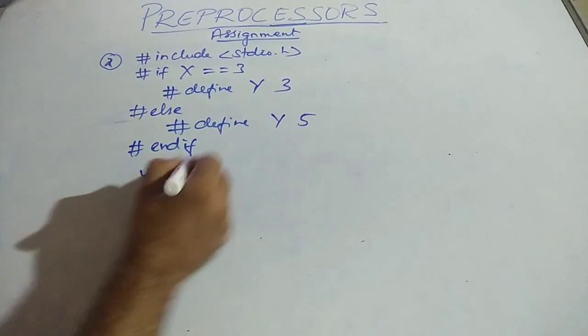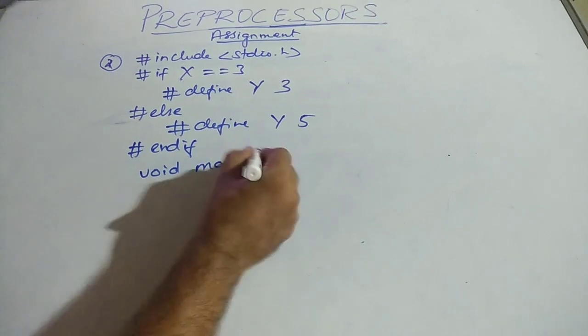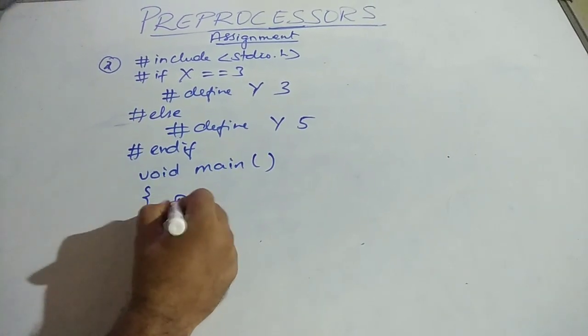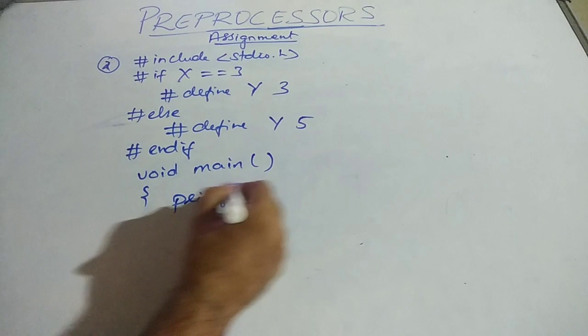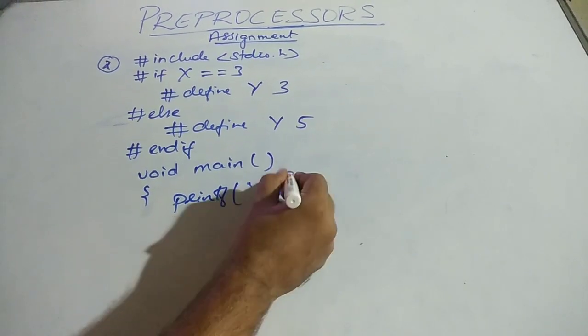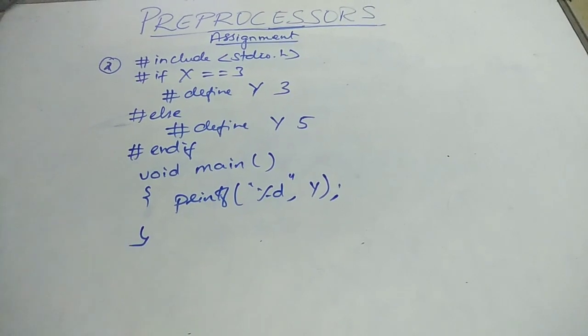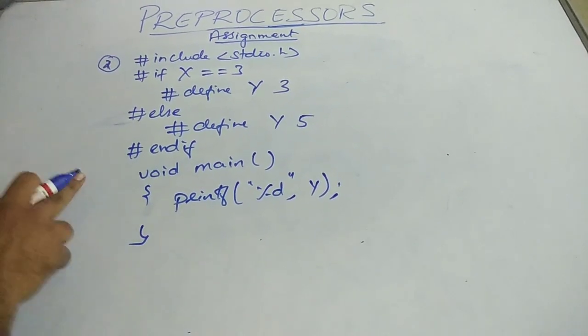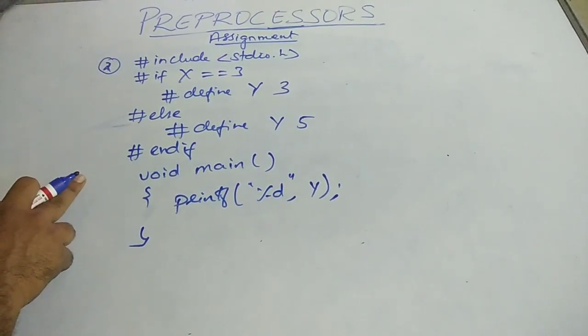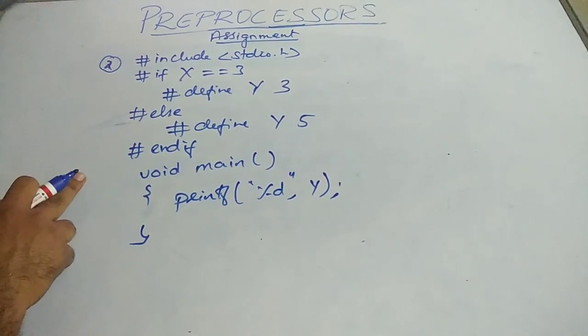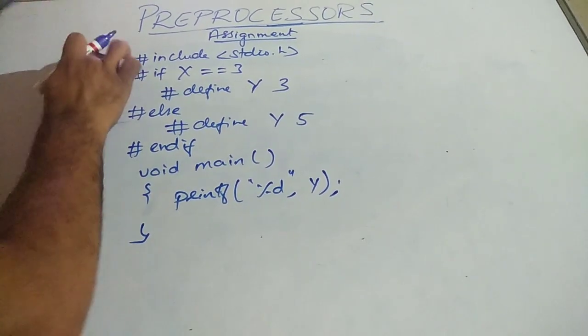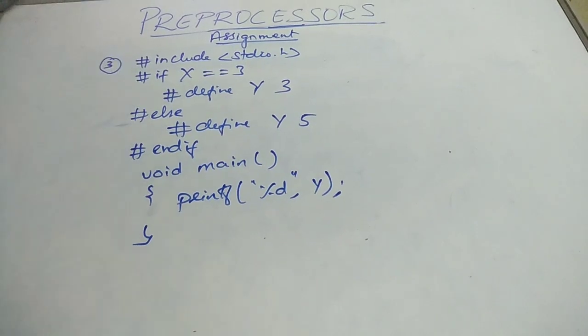So we'll go for the main function. So inside the main function, I'll try to print the value of y. Now you have to say what will be the value of y. Is it clear? Trace this program properly and say what will be the output. Is it clear? Yes. So we'll go for the third assignment question.